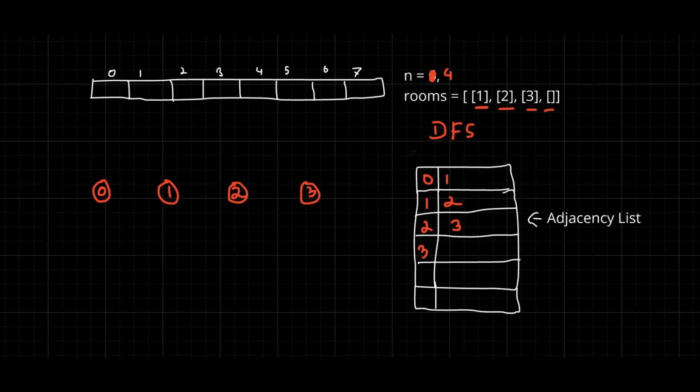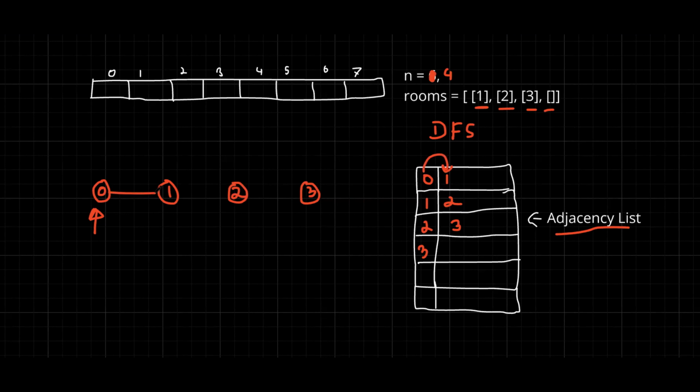So the basic algorithm is we have to start DFS from node 0, or room 0, and by using the adjacency list given here, we have to simply determine how many rooms we can visit. So here the DFS starts from node 0, which has the value 1.